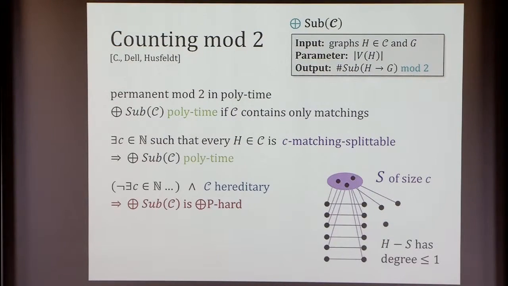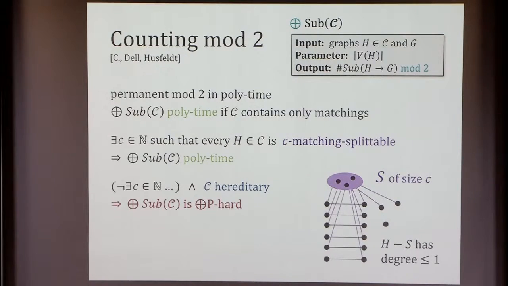On the other hand, we can show that if this is not the case and C is additionally hereditary, then the problem is parity P hard. But unfortunately, we cannot yet get rid of this hereditary restriction, and we also don't have the hardness proof under parity W1 so far. So this is kind of recent work in progress.